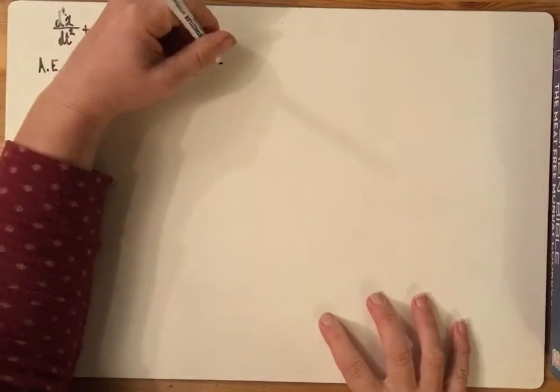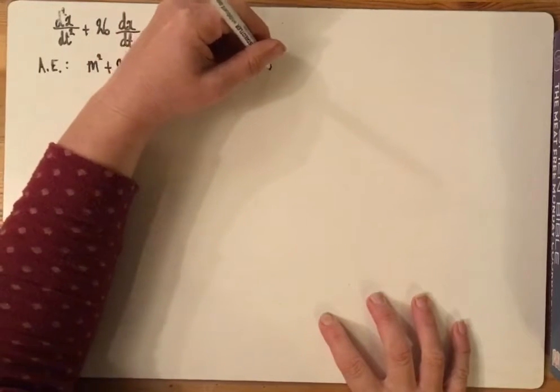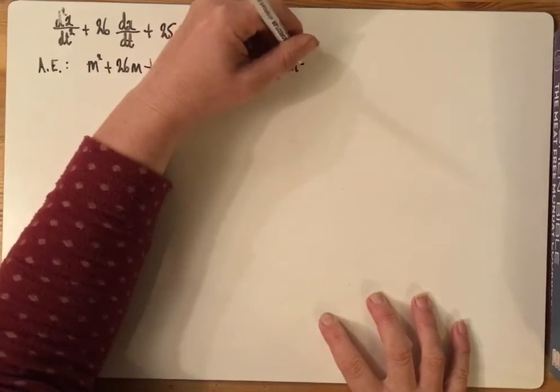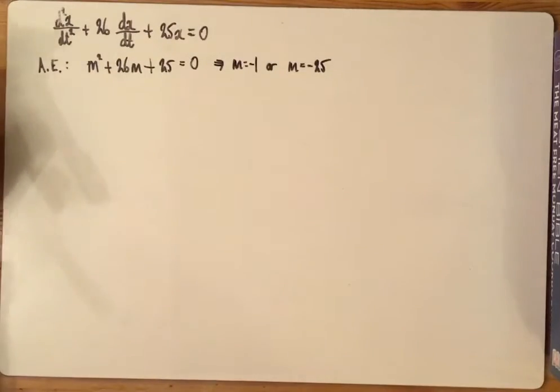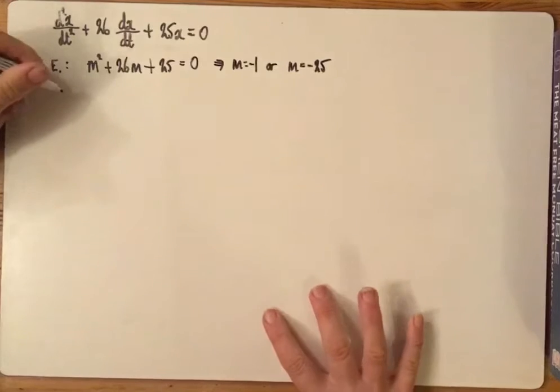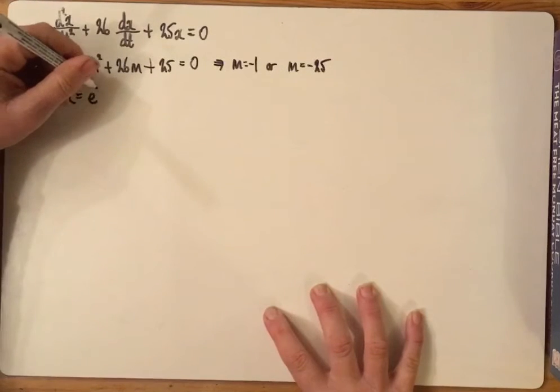This gives you m is equal to minus 1, or m is equal to minus 25. So we've got 2 real roots for this one.